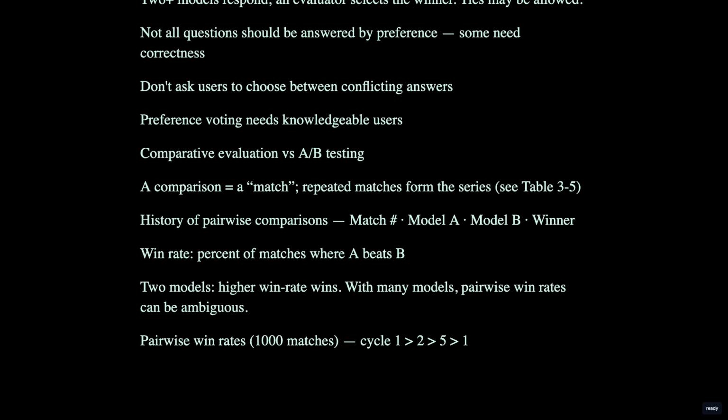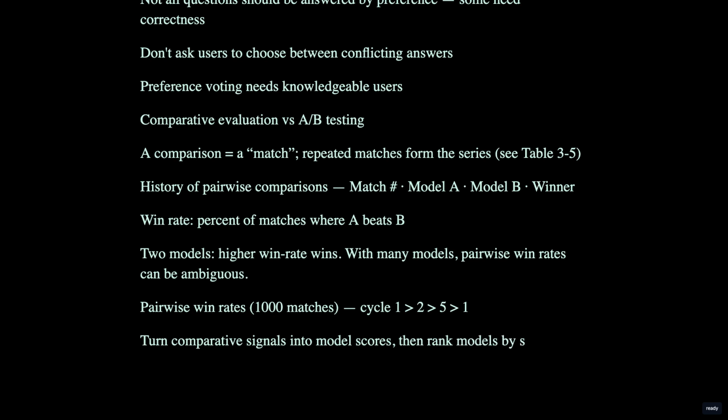Those results create an intransitive cycle: 1 greater than 2, 5 greater than 1. So you cannot order the 5 models meaningfully with a single linear ranking. We feed the comparative signals into a rating algorithm that converts those comparisons into a numeric score for each model. The models are then ordered by their scores to produce the final ranking.